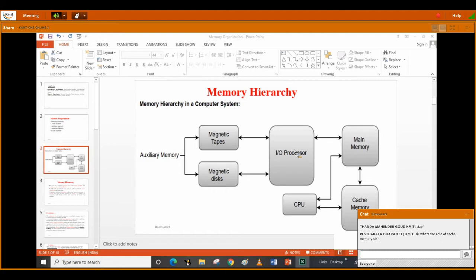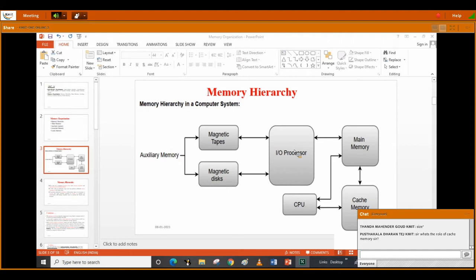During compilation also the program resides in the hard disk. But at the time of execution, the IO processor transfers the program from hard disk to main memory.